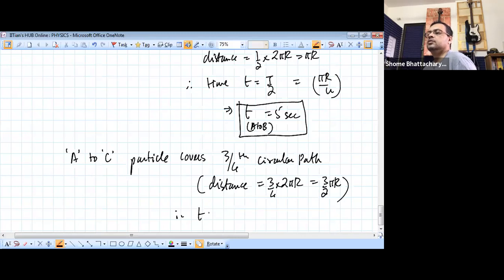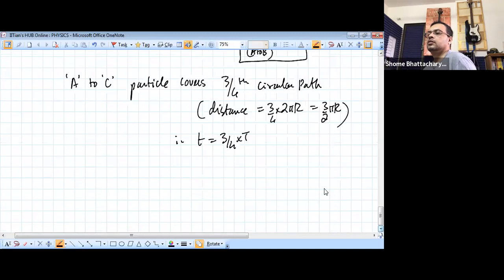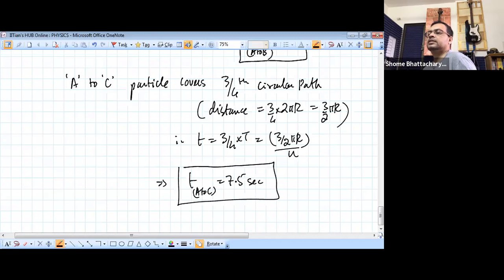Therefore, time should be 3/4 of the time period, or that is the same thing as the distance traveled divided by the speed. So the time taken from A to C becomes 7.5 seconds because capital T was 10 seconds. So very simple. This is just an application of the unitary method.